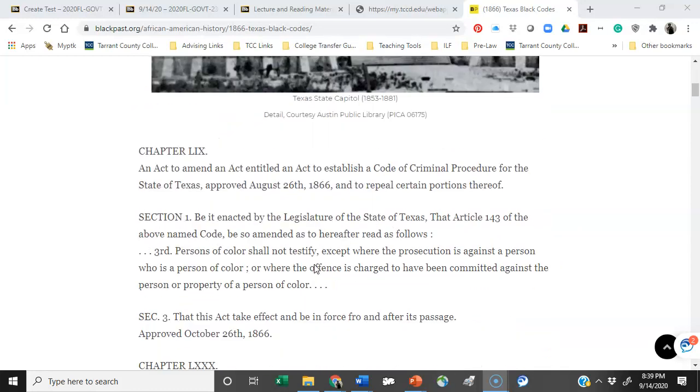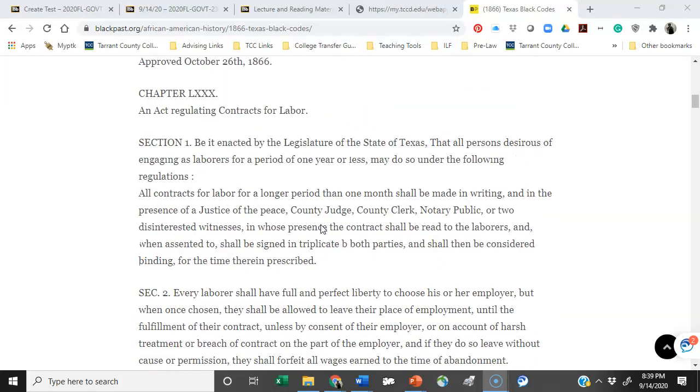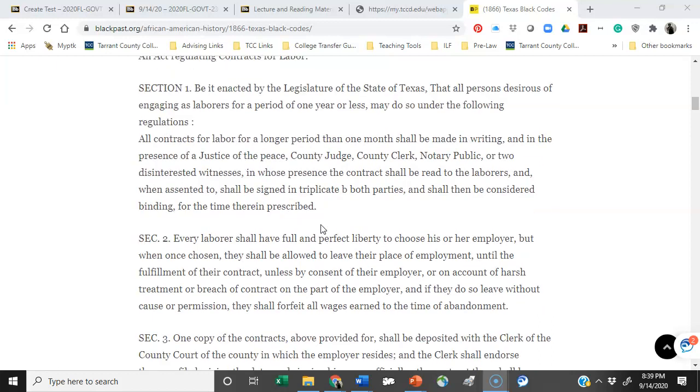What do we call these laws that were meant to address people of color? We call them black codes. They didn't call them black codes. We started calling them black codes much later. And several states had similar laws.